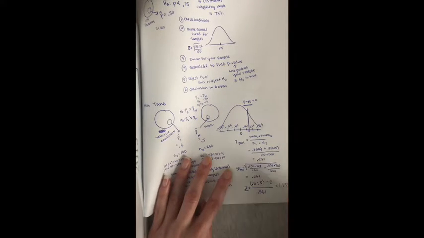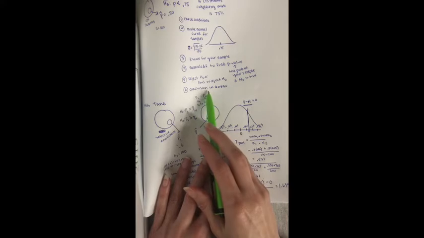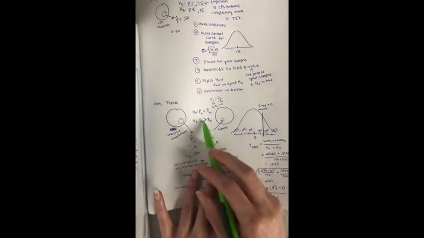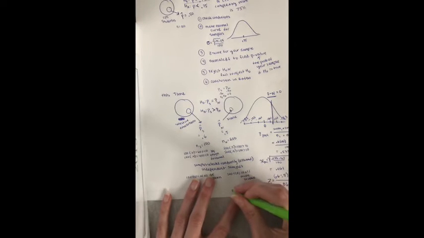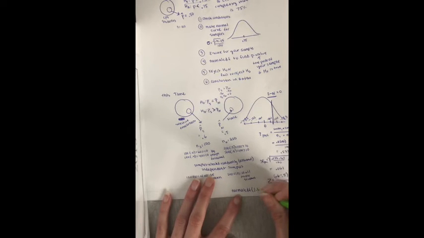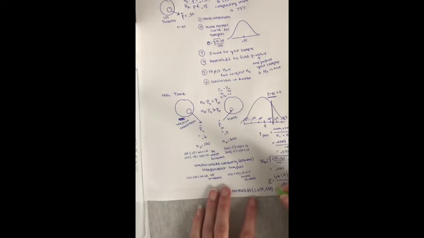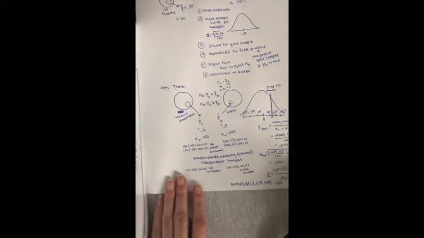And then I go ahead and I do my normal CDF to find my p-value. So since my HA says greater than, I will normal CDF my 1.639 up to positive 999. And that will give me my p-value. 0.051. Whew. That's really close to 5%, but it's just over 5%.